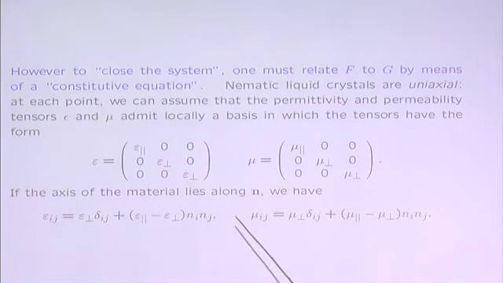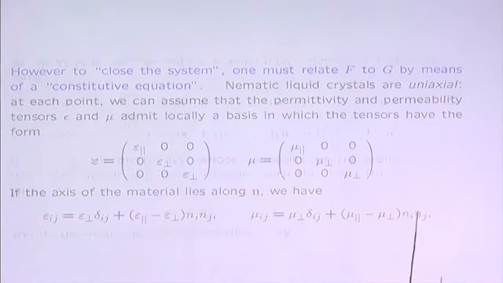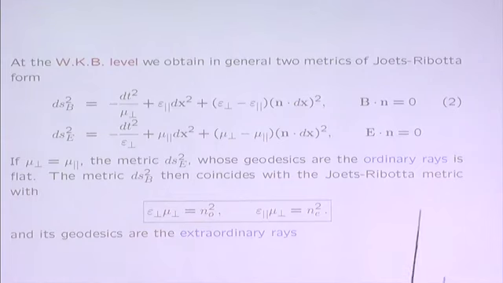So in our situation, we have a uniaxial system. I think that's the right terminology. Anyhow, we have these two perpendicular eigenvalues equal for the permittivity and permeability, and we can basically get these tensors coming in here, and they give us the relationship between the two tensors F and G. At the WKB level, of course, we just get two metrics depending on polarization, and that's really the extraordinary ray in the end.